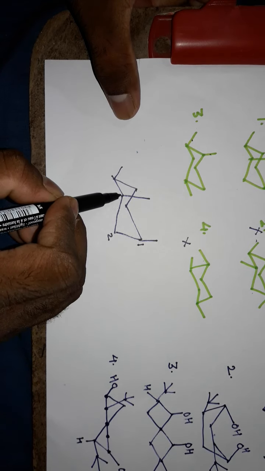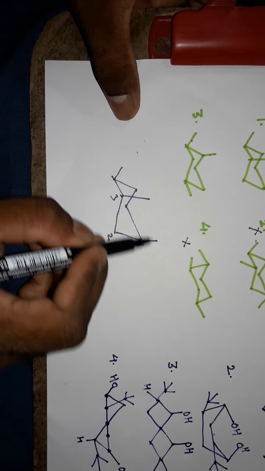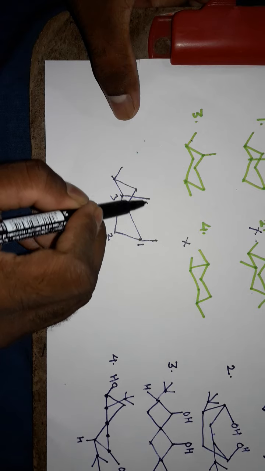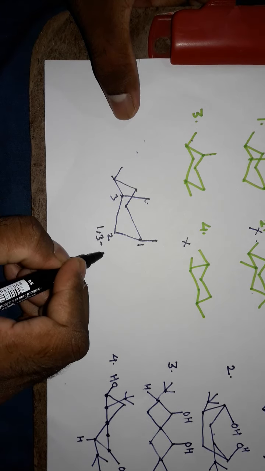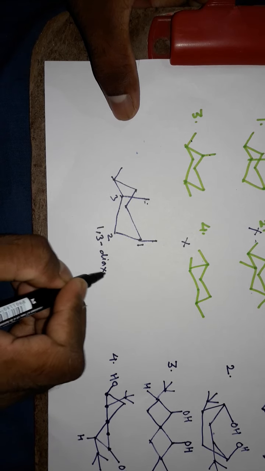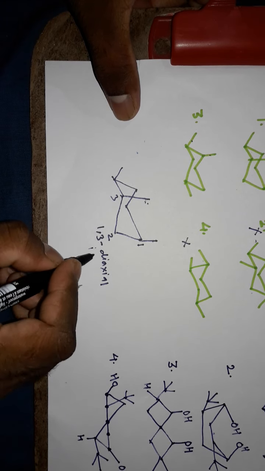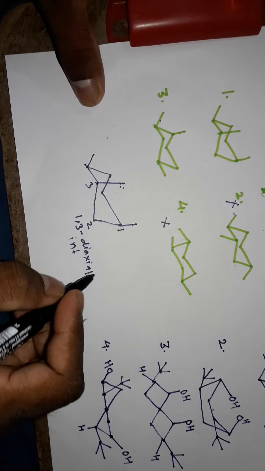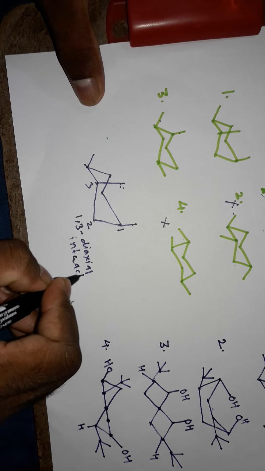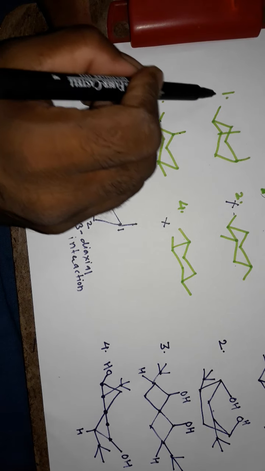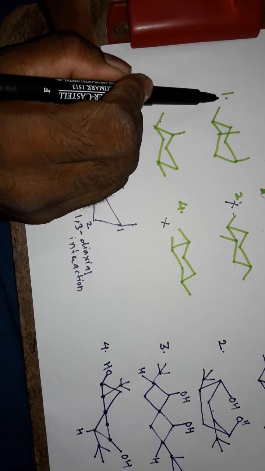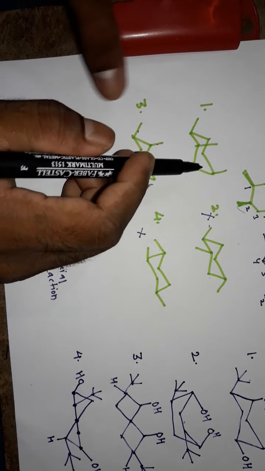At the first and third position, both the bonds are axial and there is a huge interaction between these dimethyl groups. So there is a 1,3 diaxial interaction, and 2 bonds are at axial. So this is not at all the option, because this is the most unstable one.